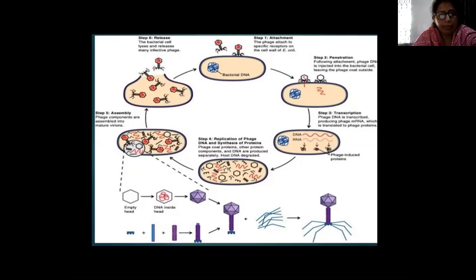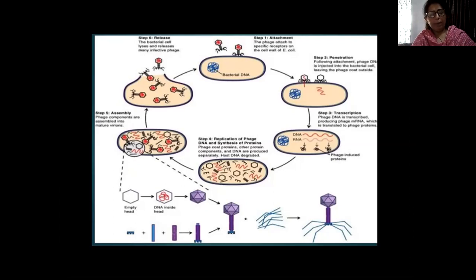Replication of DNA starts, phage coat proteins are being made, other protein components are produced, and all the ingredients which are required for the assembling of phage DNA, phage, get completed in the biosynthesis phase, that is the 4th phase.